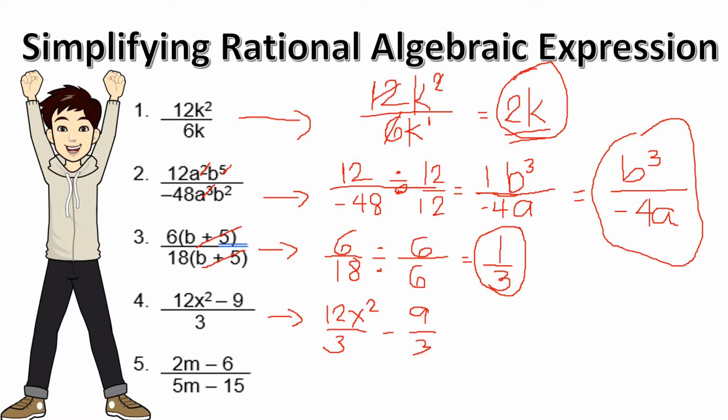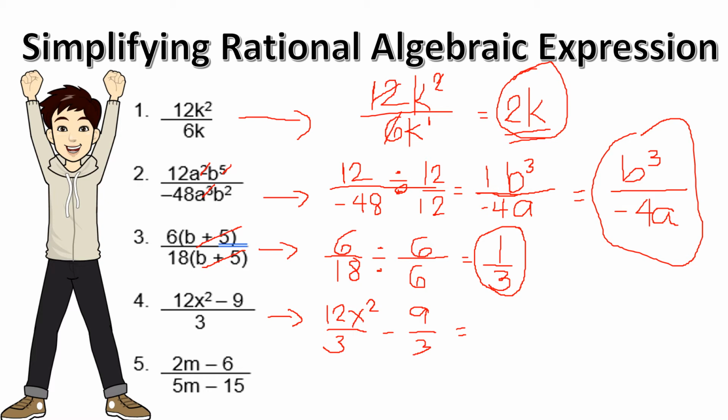So pwede natin i-separate yung ating numerator, yung ating first term, 12x squared, and the second term, 9. So may minus sign lang sa gitna. Okay. So this is called similar fraction. Kaya pag ini-add natin, kakopyahin lang natin ang denominator and i-add or susubtract natin yung numerator. Okay? So kaya wala tayong problem kung i-separate natin yung denominator. Ang numerator natin, dalawang term, kaya nagkaroon tayo ng ganitong expression.